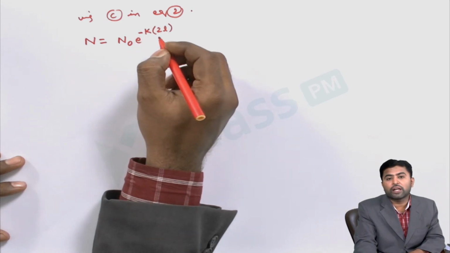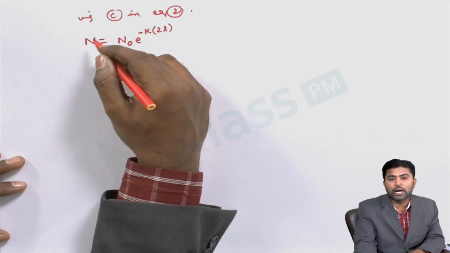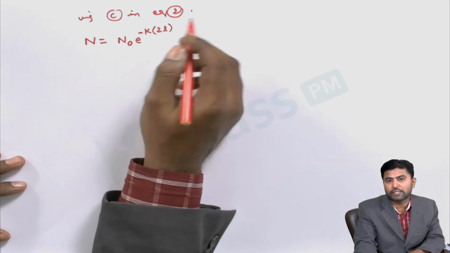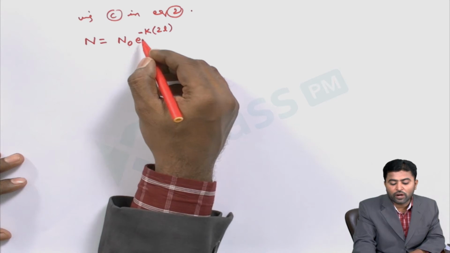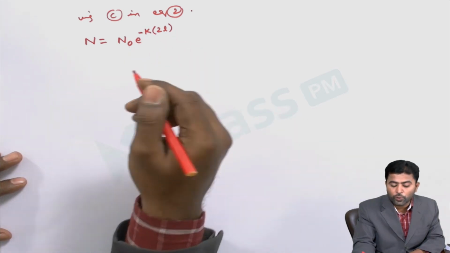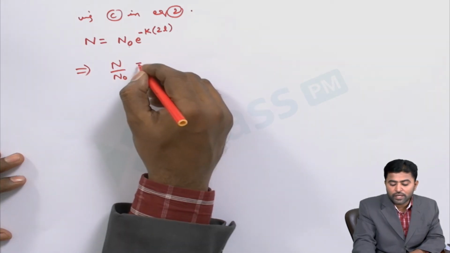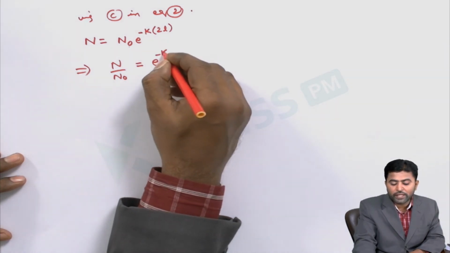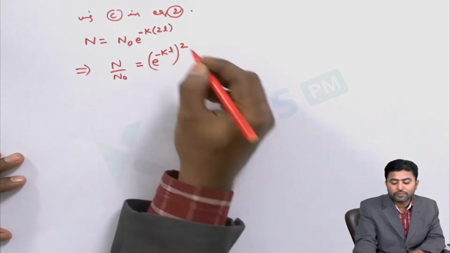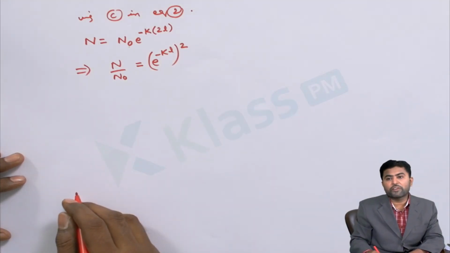Here the time is given, and we have to calculate the amount of the substance present at that time. Then I can write this as n by n0 is equal to e power minus kL whole square. As we know that e power 2x, we can write it as e power x whole square.